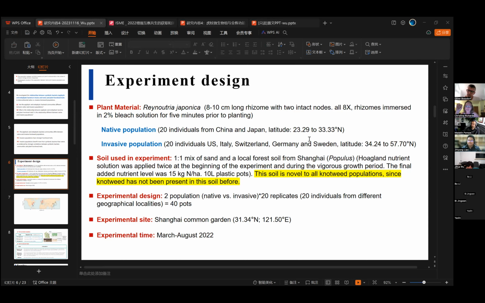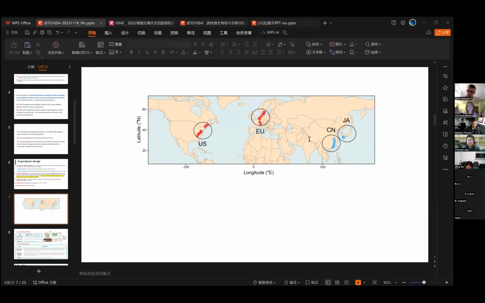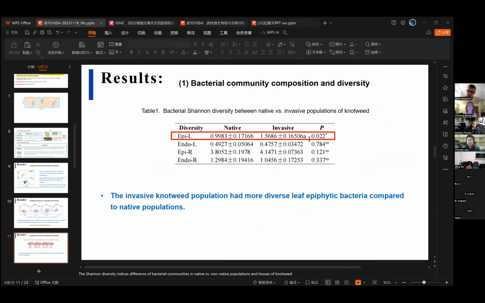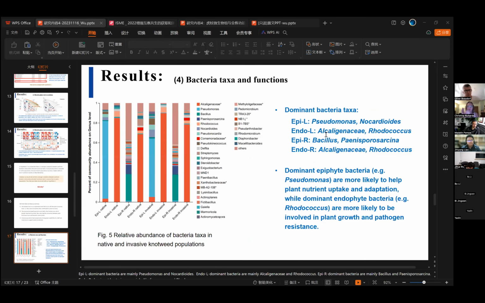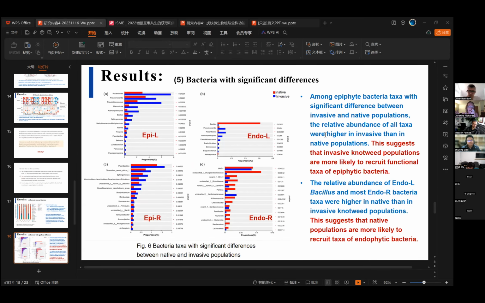I don't know if it's possible to think about your taxa in terms of positive effect versus negative effect, because you have so many different taxa there, and you have differences between what's colonizing the native versus what's colonizing the invasive. If there's some function there, I think you're really starting to think about this. What's the importance of different taxa?